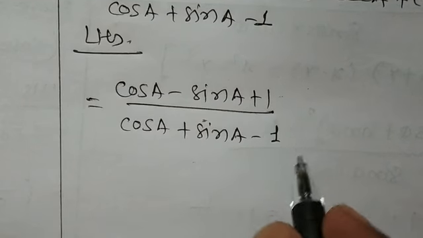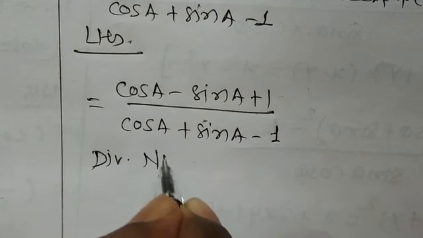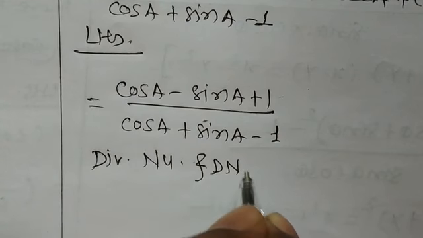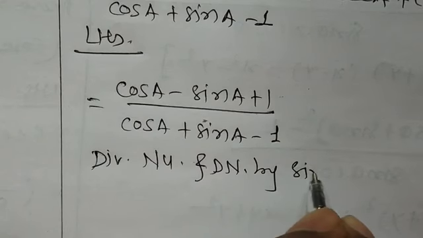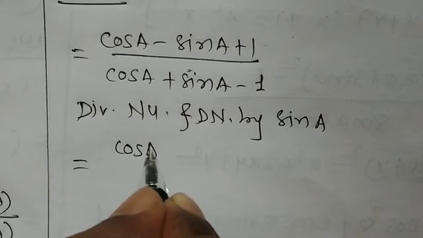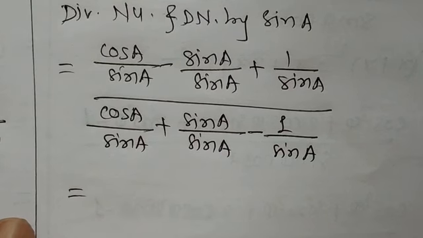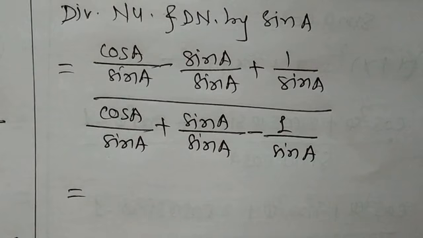So divide numerator and denominator by sin A. Then it equals cos A by sin A minus sin A by sin A plus 1 by sin A upon cos A by sin A plus sin A by sin A minus 1 by sin A.